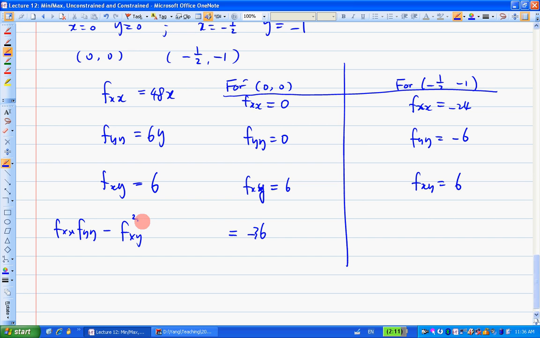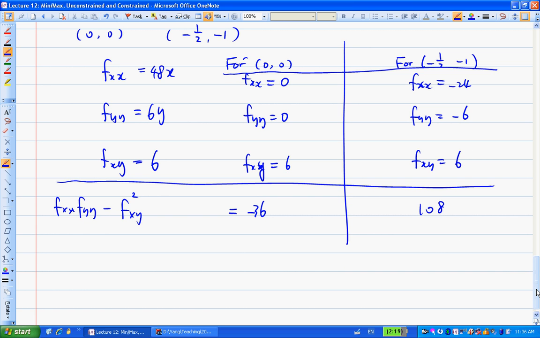And for the second one, you might need to use a calculator. This is 144 minus 36, which is 108.